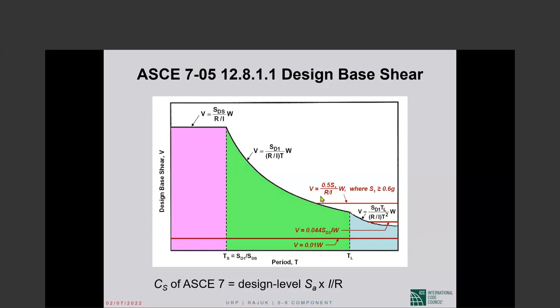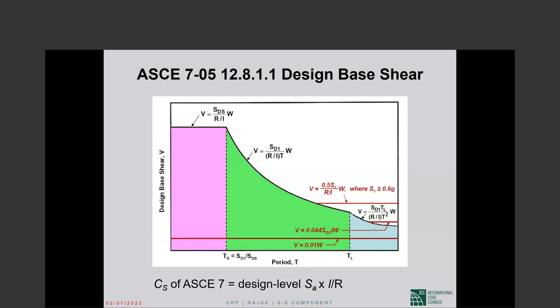And there we have the second minimum, 0.5 S sub 1 divided by R over I, multiplied by W. Where both of those minimum values apply, you have to use both. Obviously the larger minimum will control.